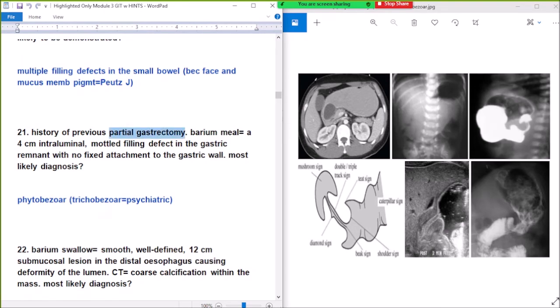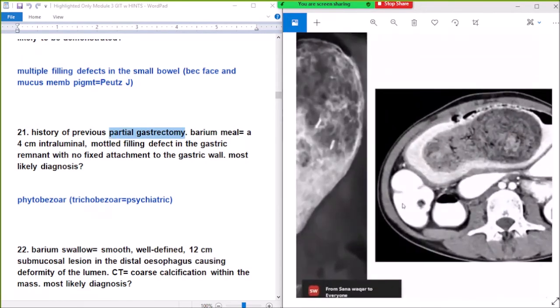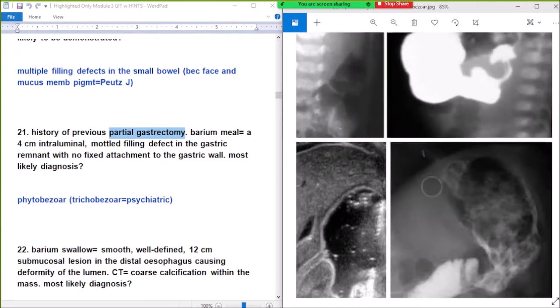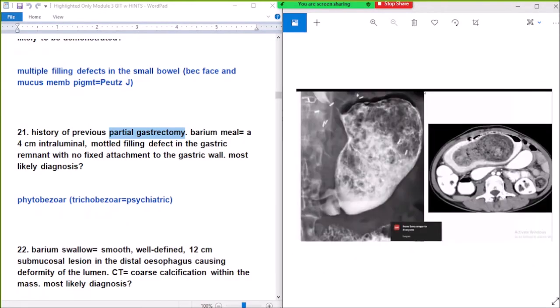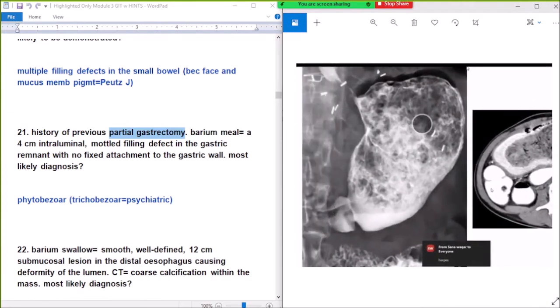Again, after partial gastrectomy, barium meal shows an intraluminal mottled filling defect in the gastric remnant with no fixed attachment to the gastric wall.